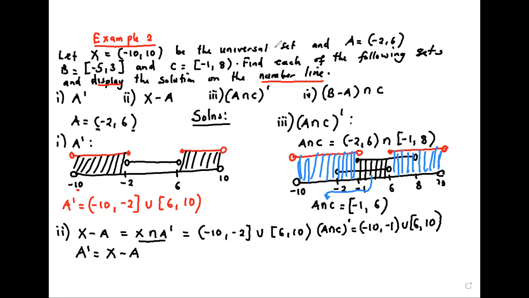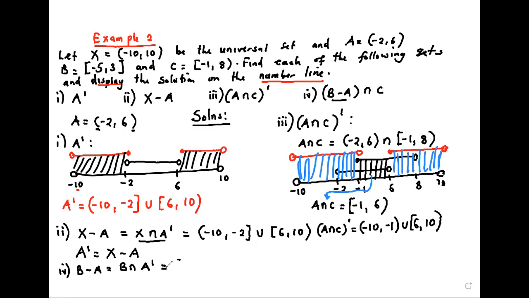So now we do the fourth one. B minus A, which is the same thing as B intersection A complement by definition. And so where is B?